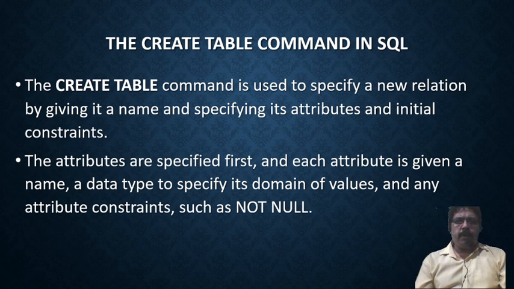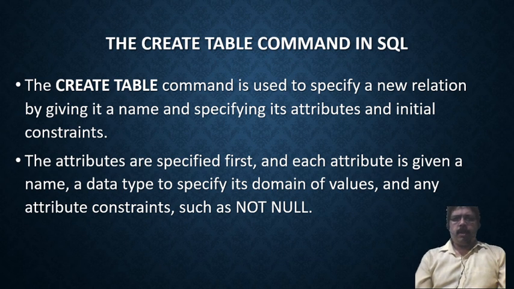About these things we will discuss in detail. Usually the attribute names are given first, then the data type is specified to define the domain of values, and any attribute constraints such as not null. So the table is constructed in this format.